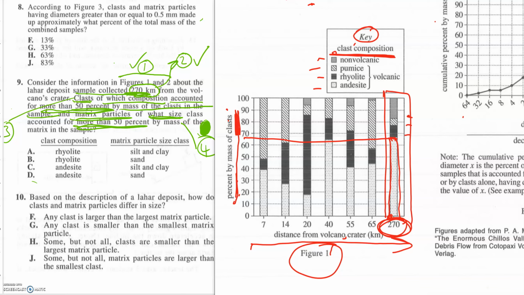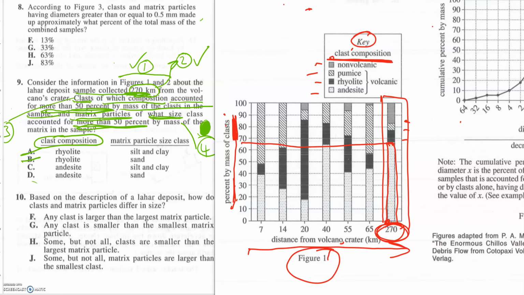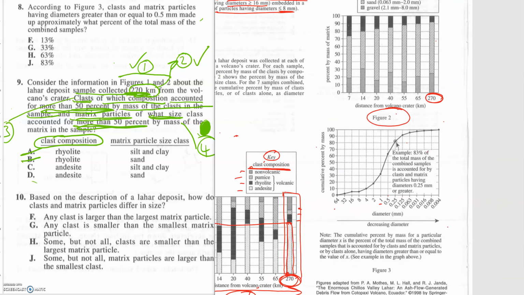So we can come back to the questions on the left-hand side, the green section, and anything that doesn't have andesite as the answer for the clast composition is wrong. So A and B are gone. We're down to a 50-50. So now we have to find the matrix information, and we know we're going to find that in figure 2.